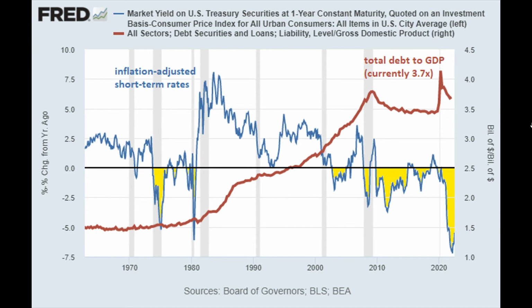And in order to do that, with debt to GDP that high, right? The higher debt to GDP goes, the more unstable the finances of the government become, because the more expensive it becomes to finance them, especially as interest rates rise.